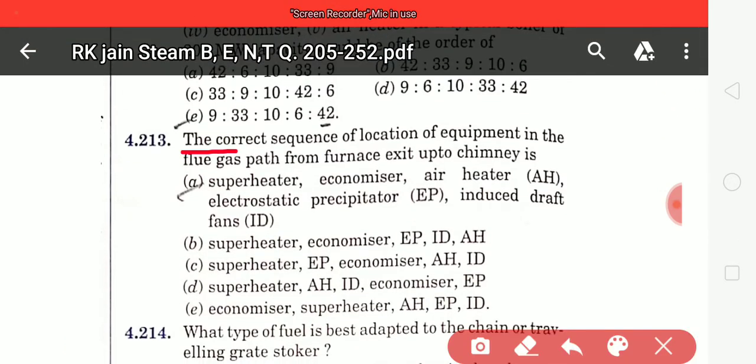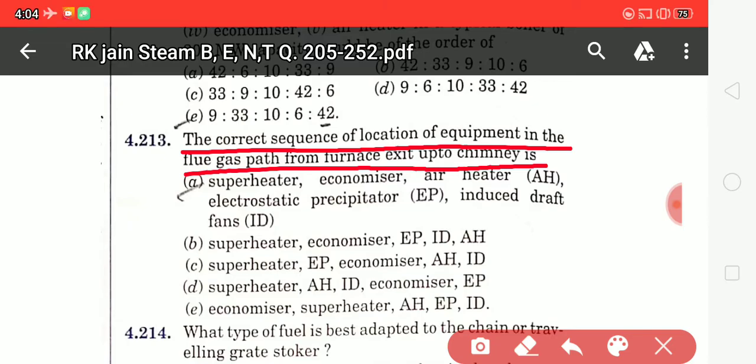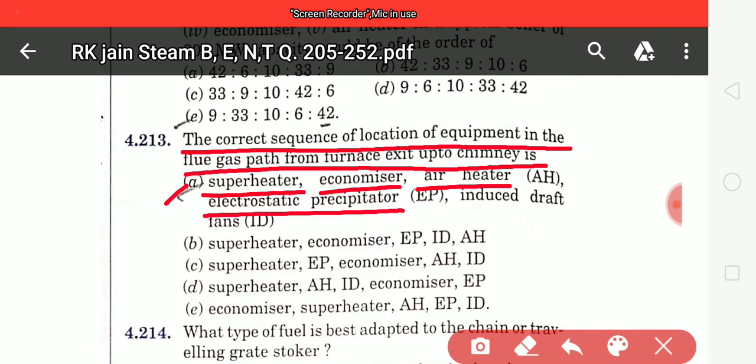Next, the correct sequence of location of equipment in the flue gas path from the furnace exit up to the chimney is superheater, economizer, air heater, electrostatic precipitator, induced draft fans.